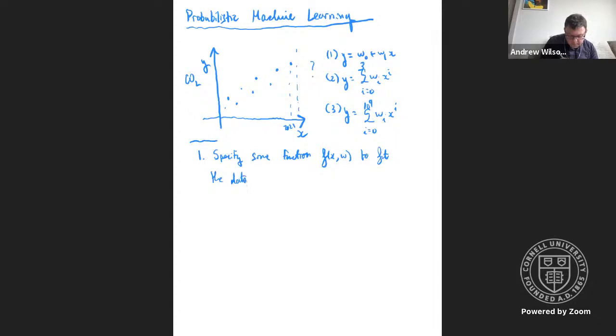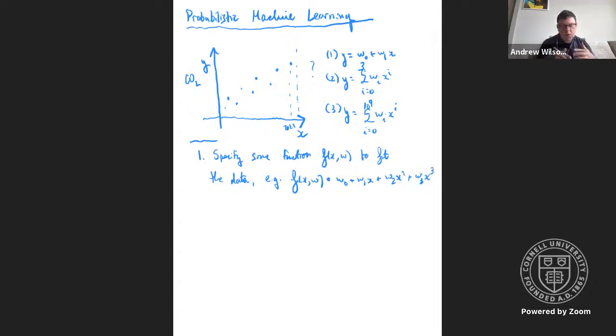For example, f of x, w equals w0 plus w1 x plus w2 x squared plus w3 x cubed.